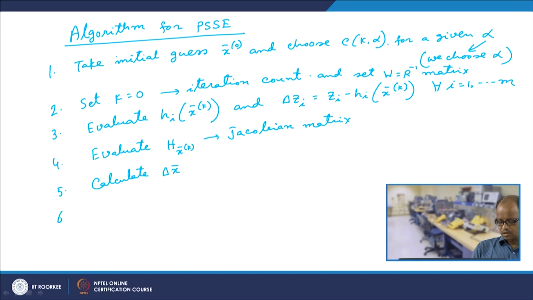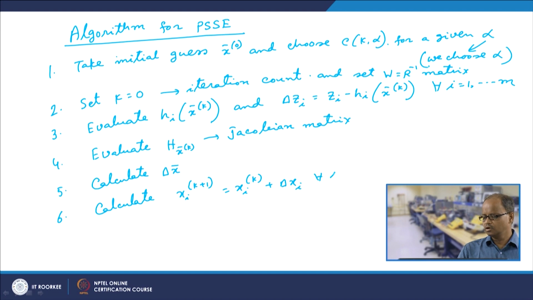Then we calculate x i at k plus 1 is equal to x i at k plus delta x i, for all i equal to 1 to n. n is the number of states.